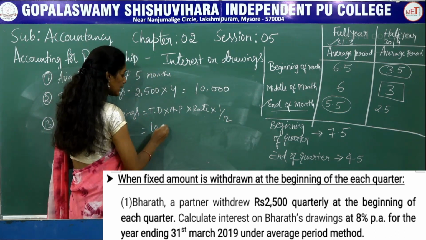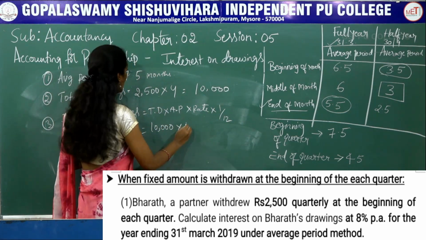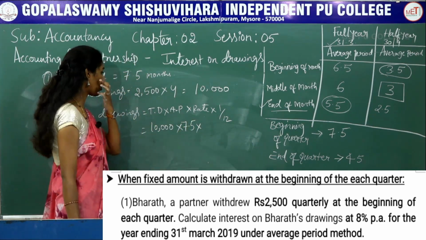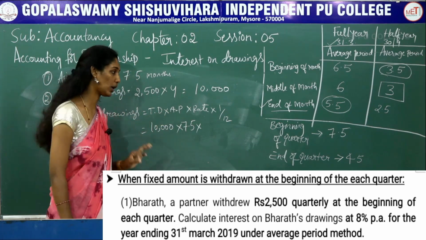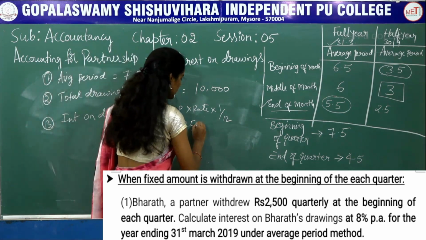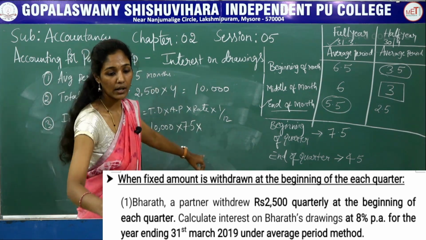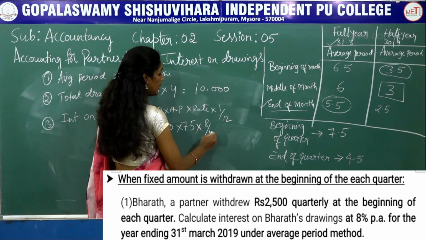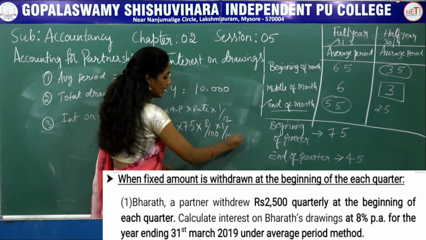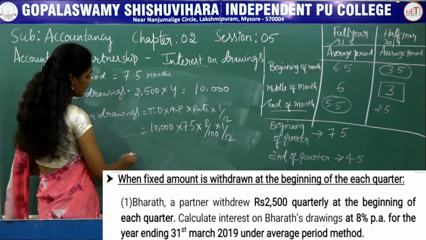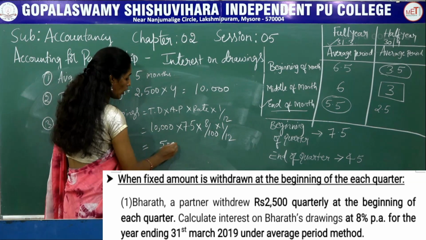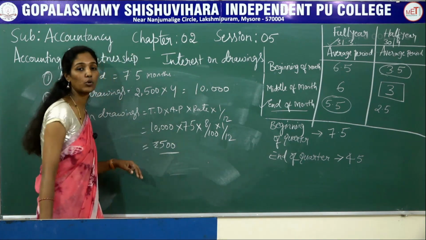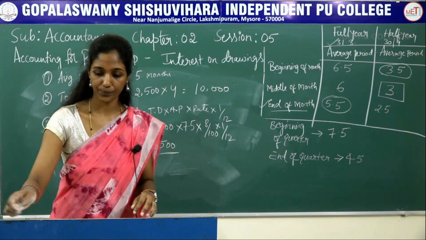Total drawings is 10,000 into average period 7.5, because here he has withdrawn at the beginning of each quarter, and the rate is 8%, 8 divided by 100 into 1 by 12. So the interest on Bharat's drawings will be rupees 500.